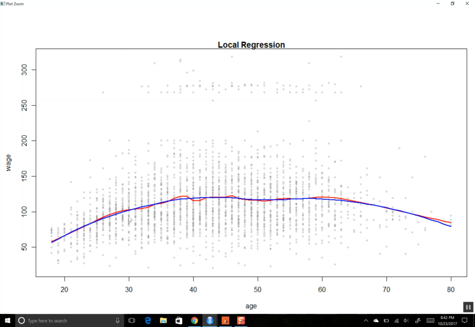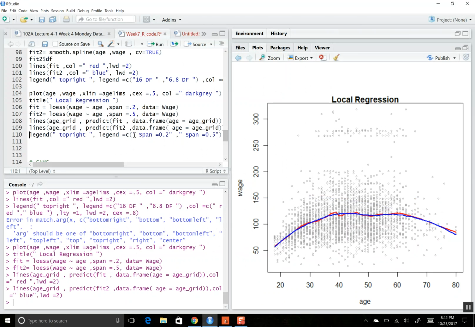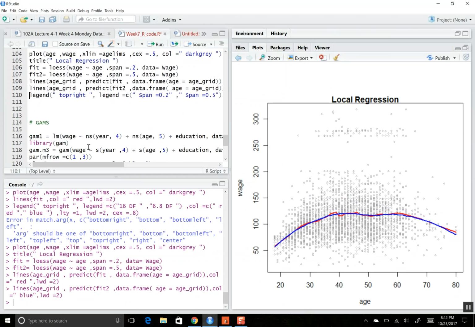Or perhaps you want to have the ability to have more wiggle in your fit, for some reason, one or another.